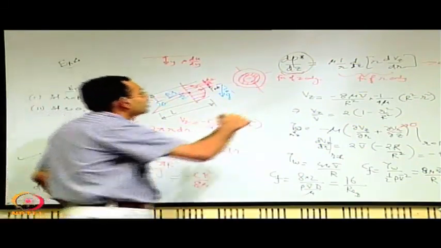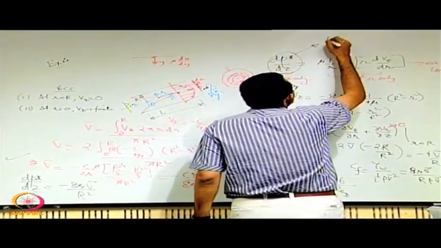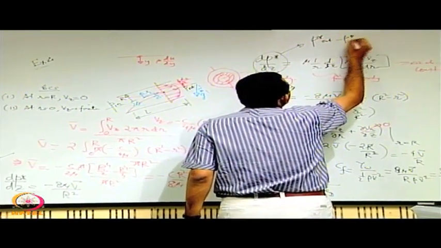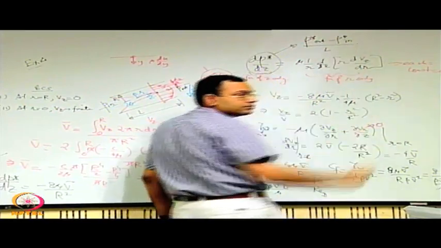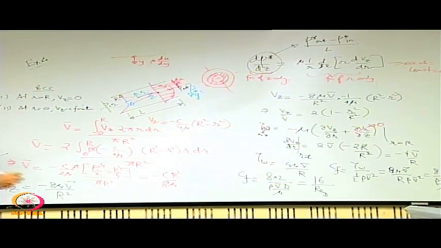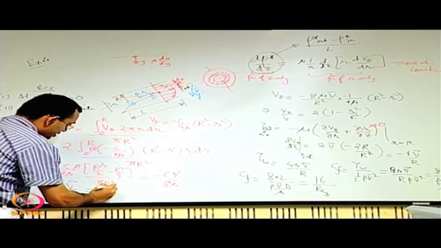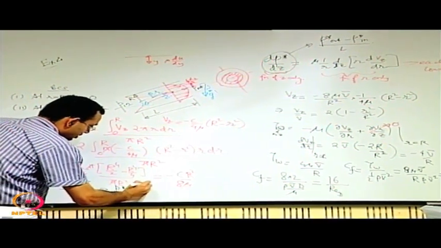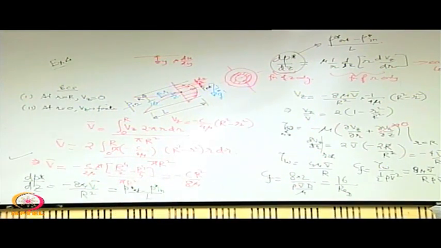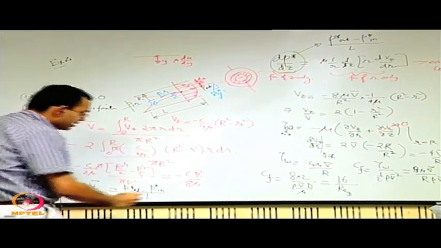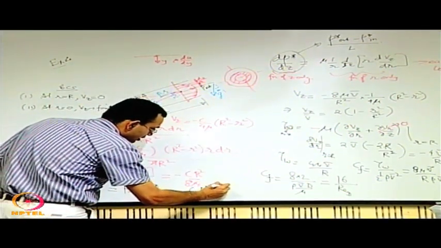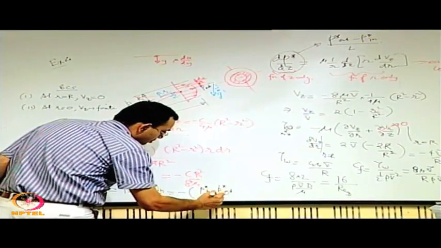So this is as good as P star out minus P star in by L. In other words, it is minus of P star in minus P star out by L.